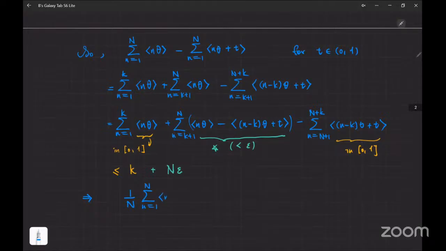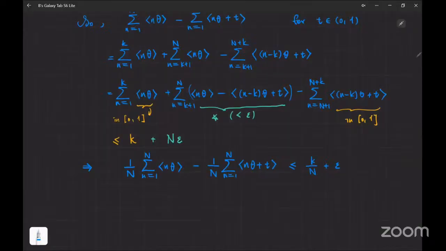let's look at this difference of averages and see what we get. The sum from 1 to big N of n theta, minus the sum of n theta plus t. By our inequality, this is less than or equal to k over n plus epsilon. Now, if you take the lim sup of both sides, the right-hand side converges to epsilon.